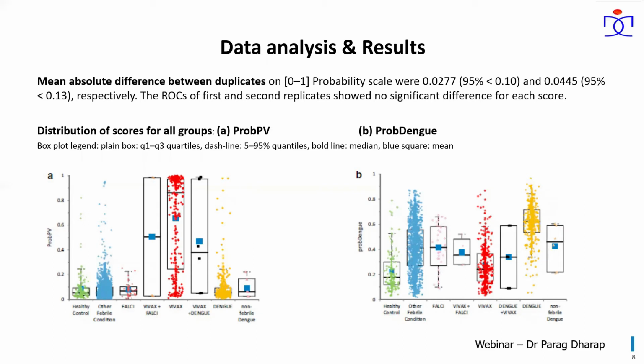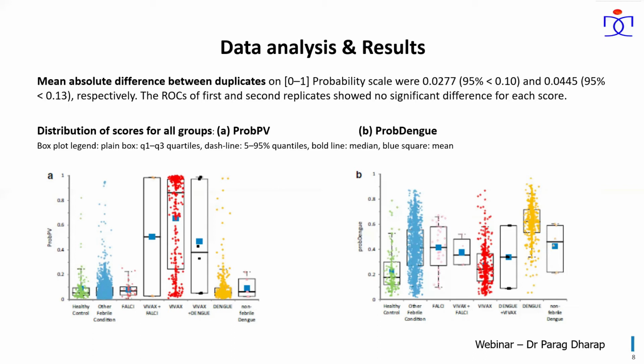The lower half of this slide represents distribution of scores across all groups. It's a box plot diagram which shows the 5 to 95% quantile spread of all ProbPV and ProbDengue scores with a median and mean of the entire distribution.